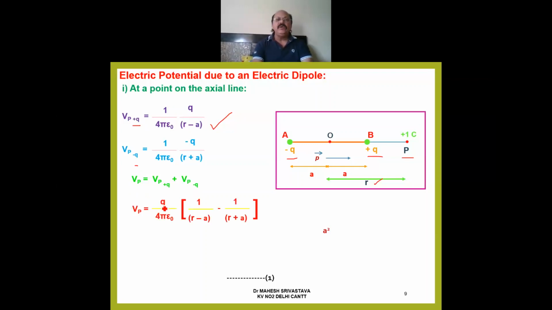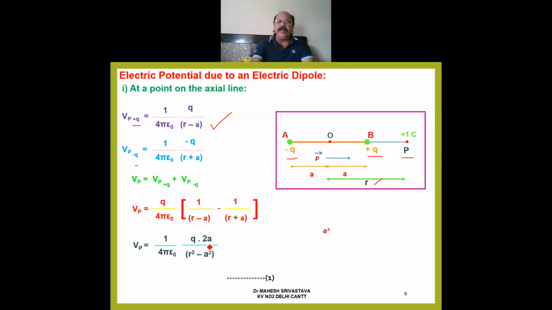Vp equal to Q upon 4 pi epsilon naught is common. Within bracket is 1 upon r minus a minus 1 upon r plus a. Take LCM. Then you will get Vp equal to 1 upon 4 pi epsilon naught, r square minus a square is the LCM, and when you solve it, then finally in the numerator you will get Q into 2a.